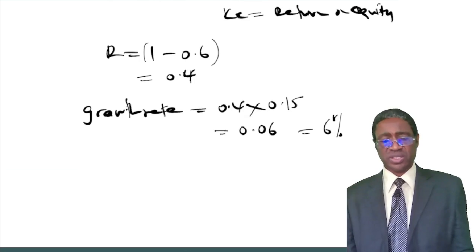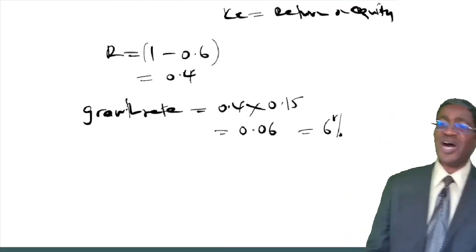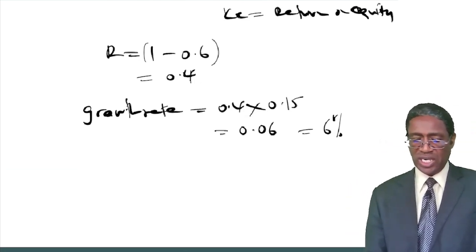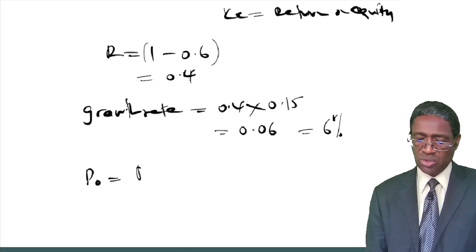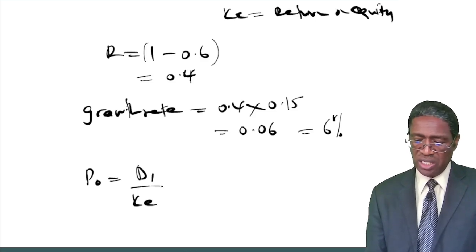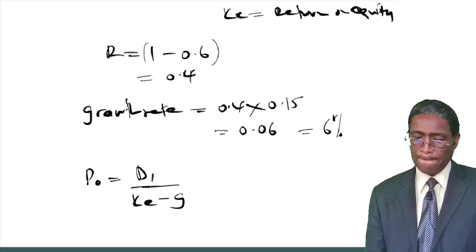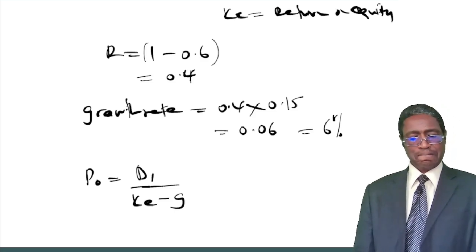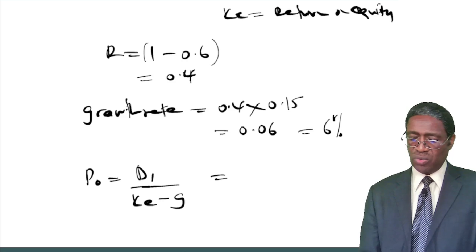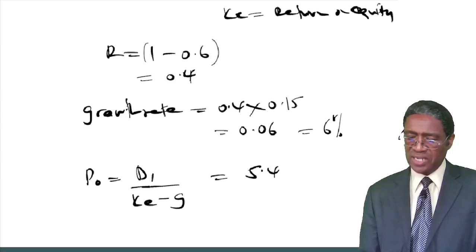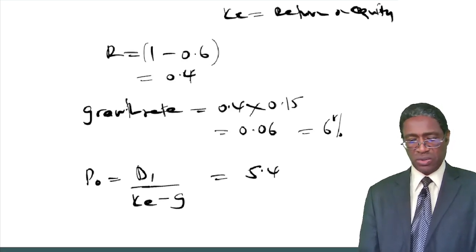Now we can use it to compute the value of the share. P0 is equal to D1 over KE minus G. Our D1, we were given the dividend 5.40.